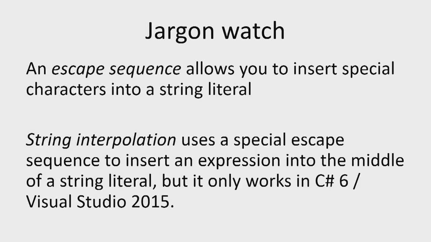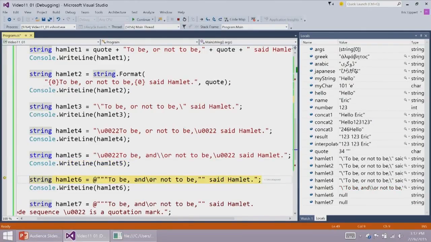There is yet another way to do this in C#. Now you see here, this time I have preceded the string literal not by a $, but by an @ sign. And in here I've got @ double quote, double quote, double quote, to be and or not to be, with the backslash being a single backslash, another doubled double quote, and then a double quote.